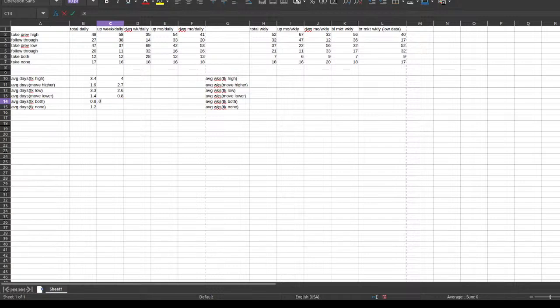This is also going to be 0.8 up weeks for taking both during an up week. And the average days for taking none, 0.17. That's actually going to be 0.16. It's going to be damn near 0.8, so pretty much the same. 1.1. Okay. Fine.